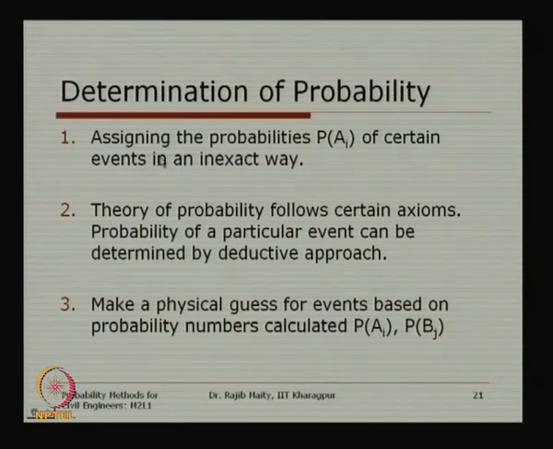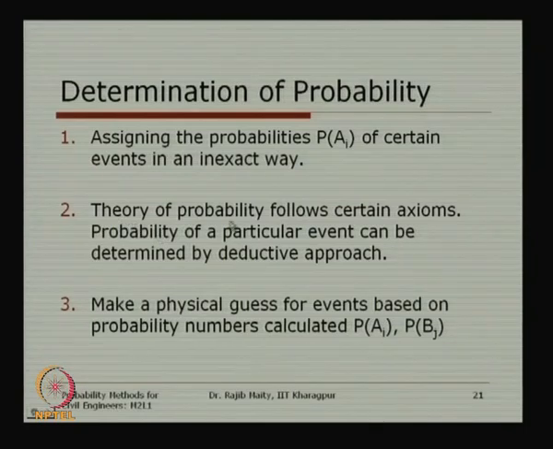Now, the determination of probability: assigning the probabilities pi of a certain event in an inexact way. Second, we have discussed using whatever record is available to us, and in that, the number of successes and the total number available. That ratio gives you the probability for that particular event.